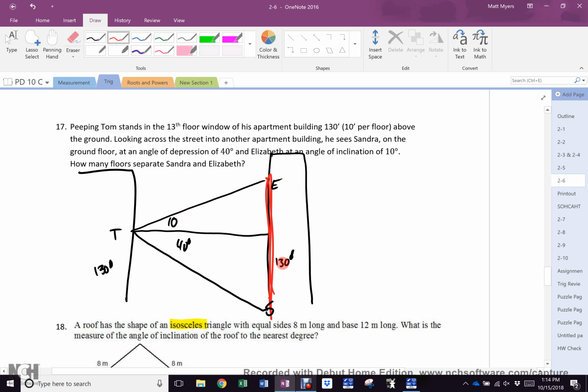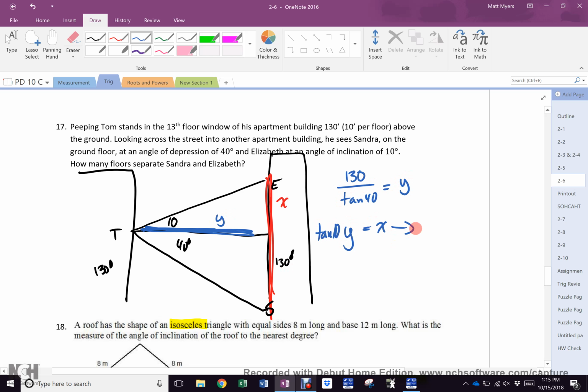I want to know how far apart they are. Since you already know this is 130, you only need that. But to find that, you must have two pieces of information, which means you need that. Y is 130, opposite over adjacent, 130 divided by tan 40 to get y. Once you have y, it is y times tan 10 to get x.